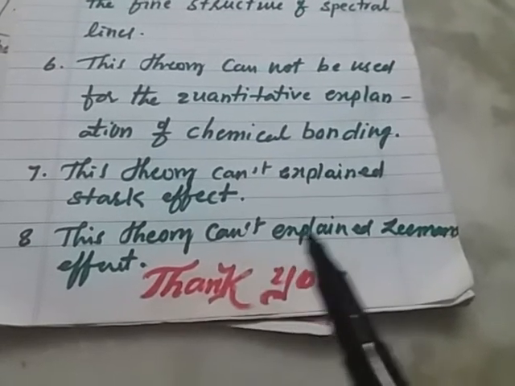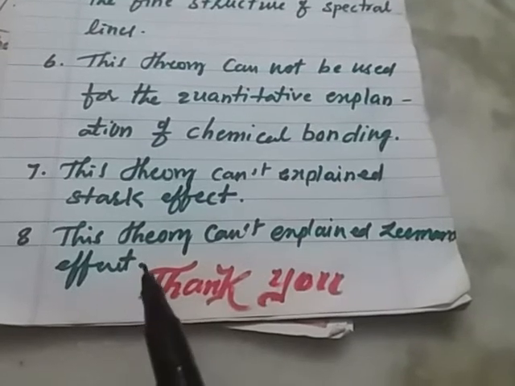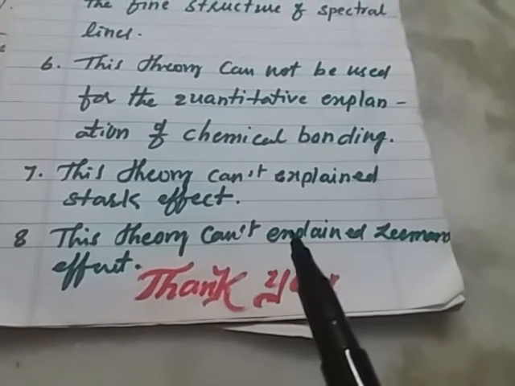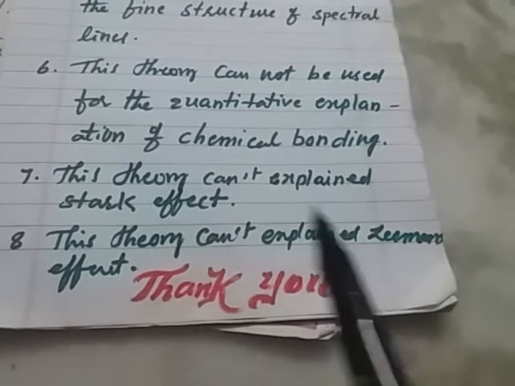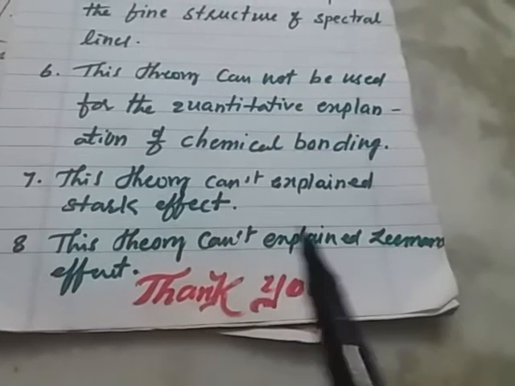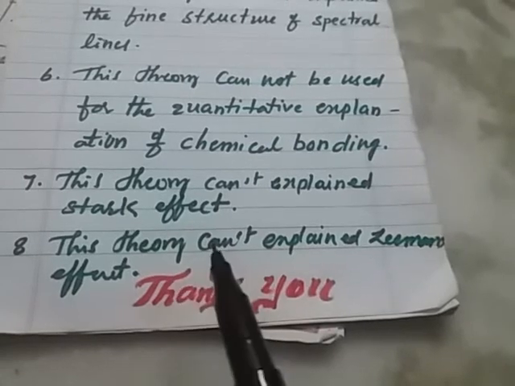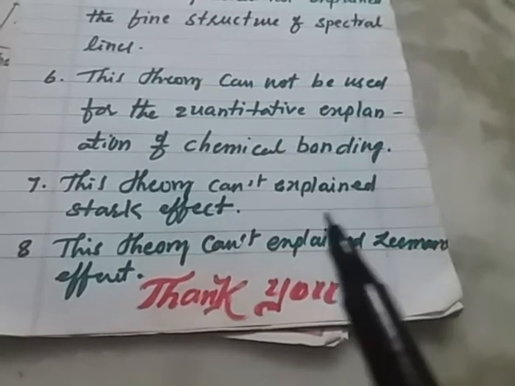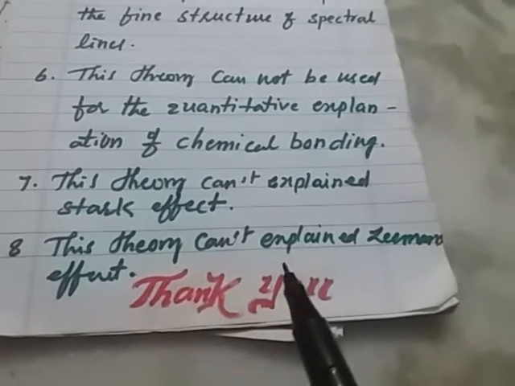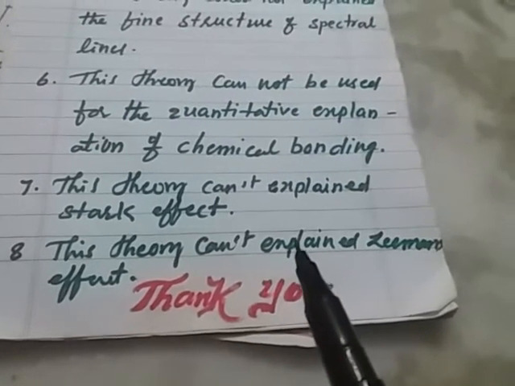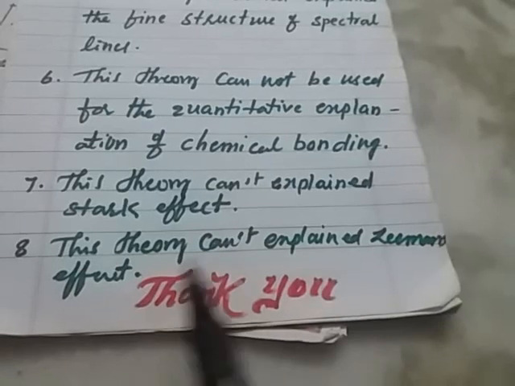And this theory cannot explain the Zeeman effect. What is the Zeeman effect? A weak electrical field, the external electric field is applied, then the spectral lines will be split. That splitting of spectral lines is not explained by the Bohr theory. So due to the external electrical field, the splitting of the spectral line is called the Zeeman effect.